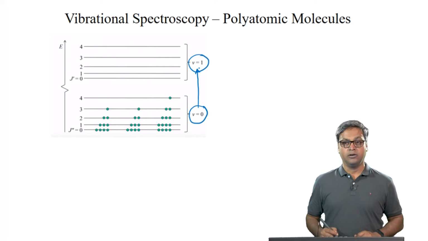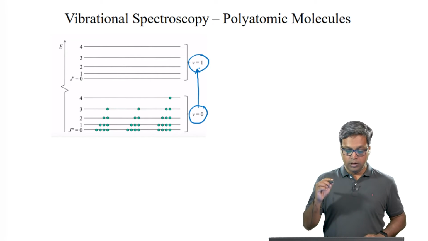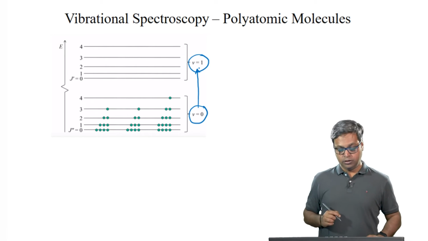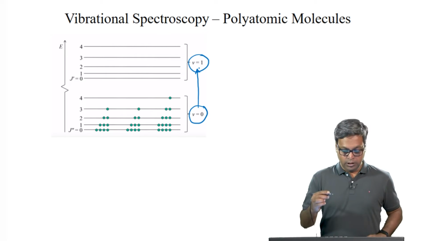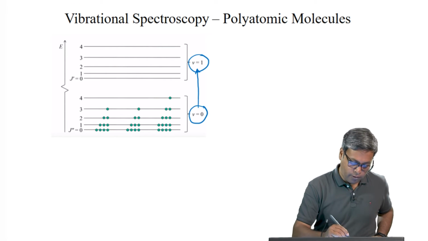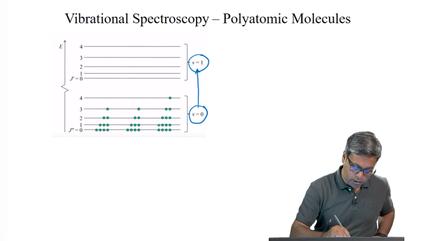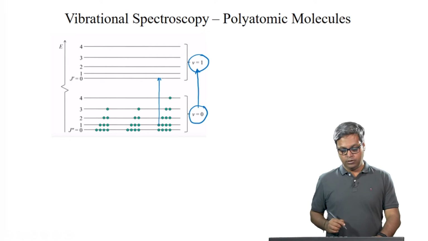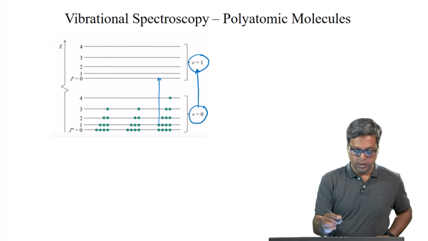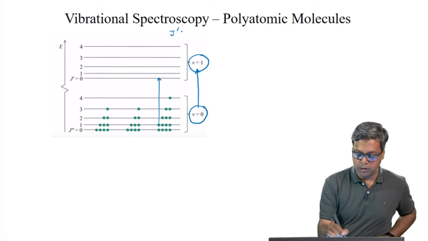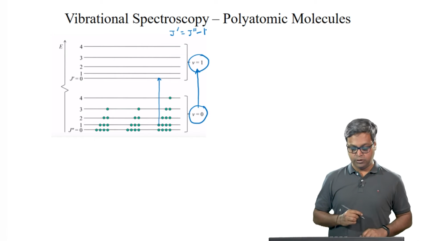So, let us first draw the P branch, for which if I start from V equals 0, J equals 1, it will go to V equals 1, J equals 0. So, that means that J prime equals J double prime minus 1 for the P branch.